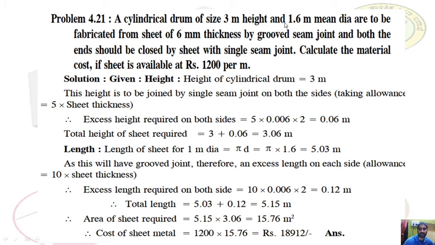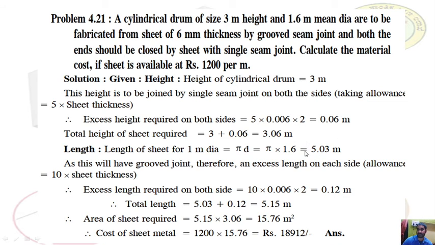Then the mean diameter is 1.6 meter. So lengthwise we require 10 times the thickness of the sheet for making the grooved joint. So you have to develop this diameter: pi into d, pi into 1.6, that is 5.03 meter, is our sheet required lengthwise.